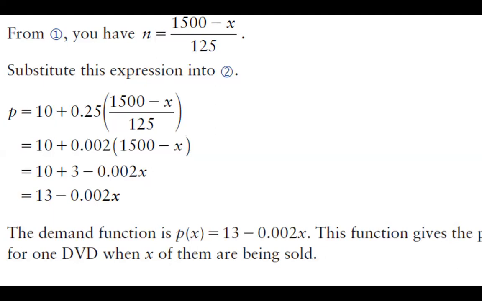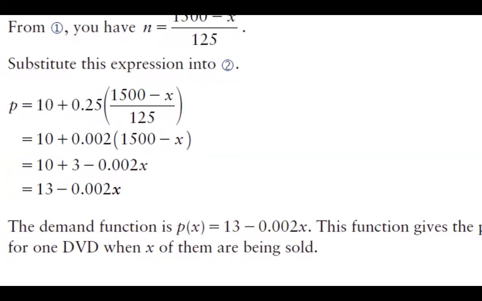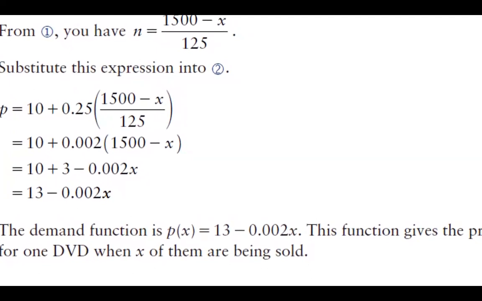So we can simplify that expression. Therefore, P equals 13 minus 0.002X. So that's a function of P in terms of X, right? Which is called the price function or demand function. And actually, this function gives the price for one DVD when X of them are being sold.